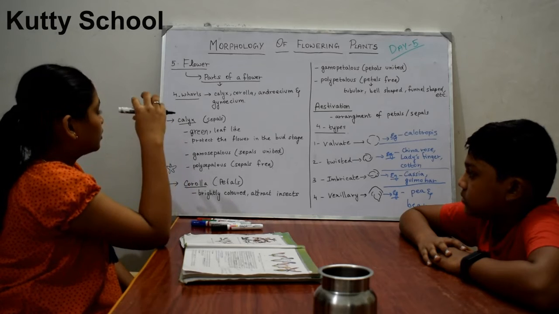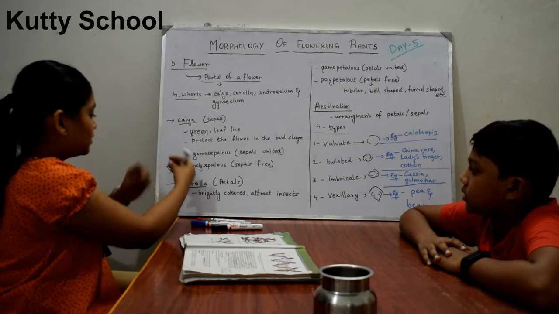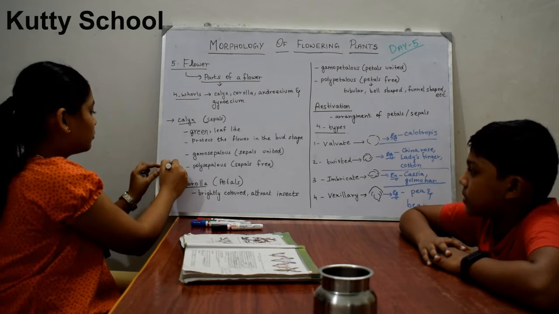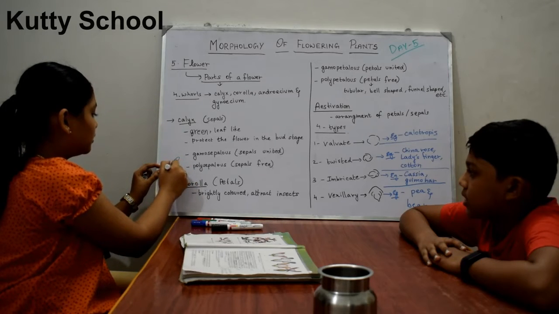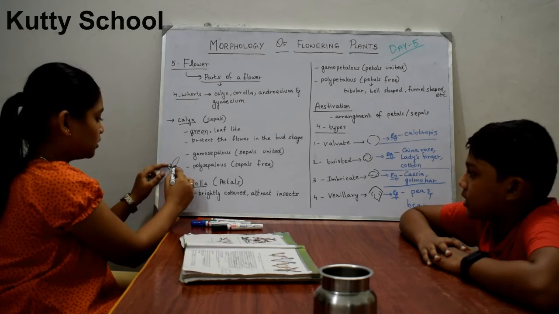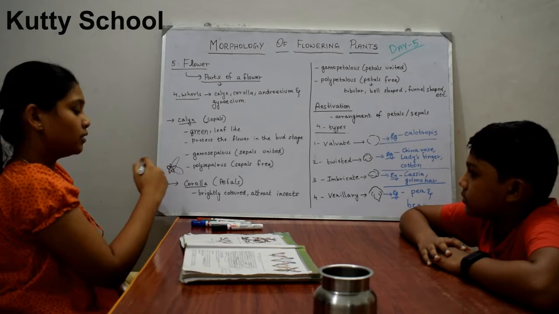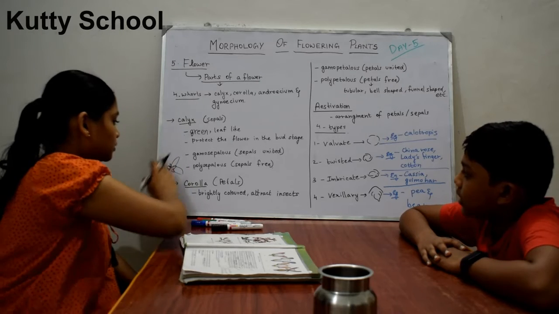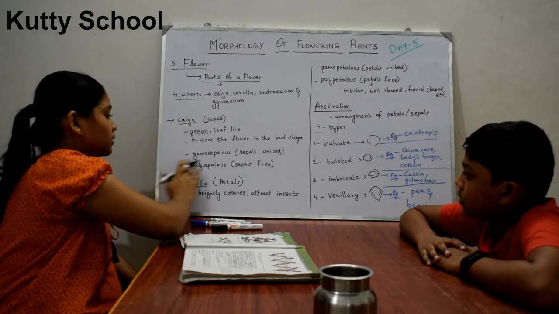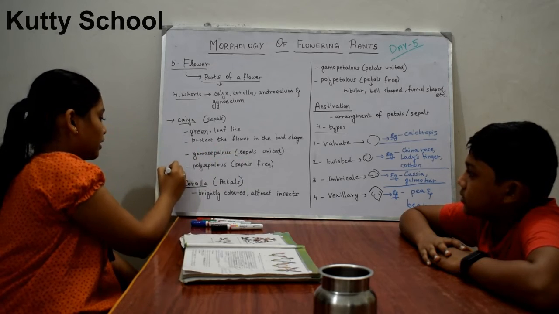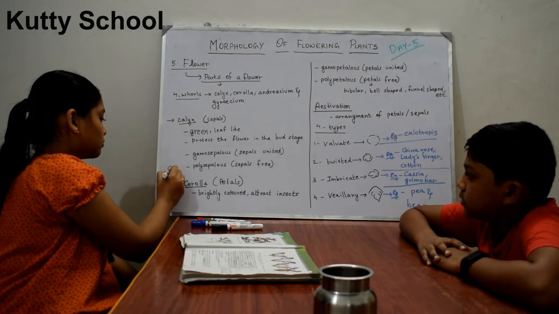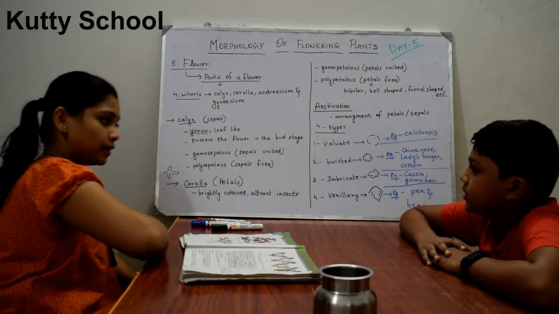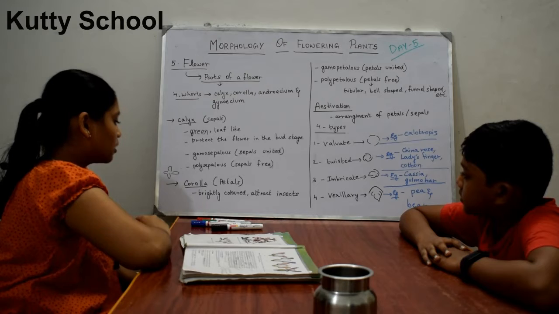If you see the flower from the top, the sepals will be like this, and from these the petals will be like this. So gamosepalous means these sepals are united, close to each other and touching. And polysepalous means the sepals are free, not attached to each other.